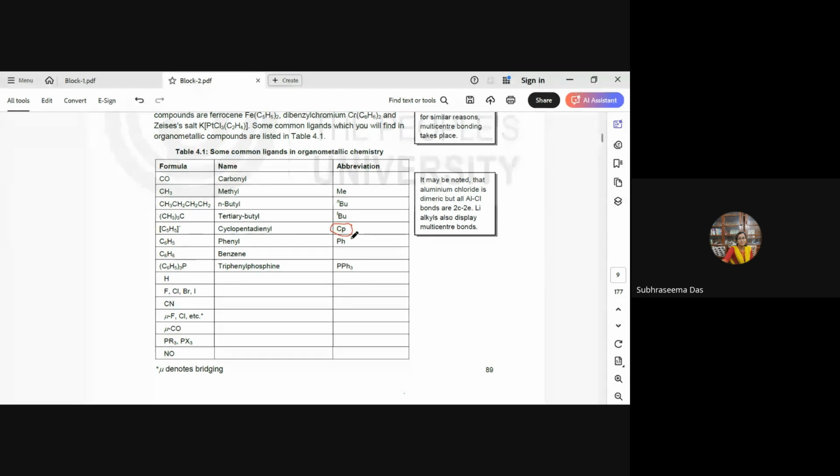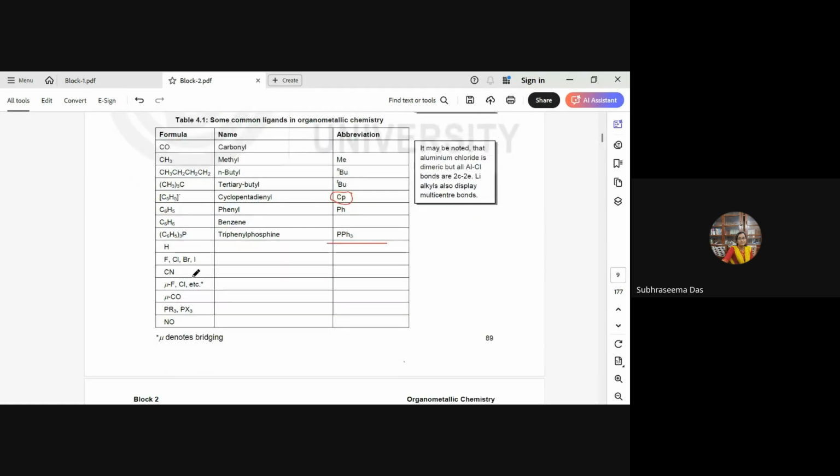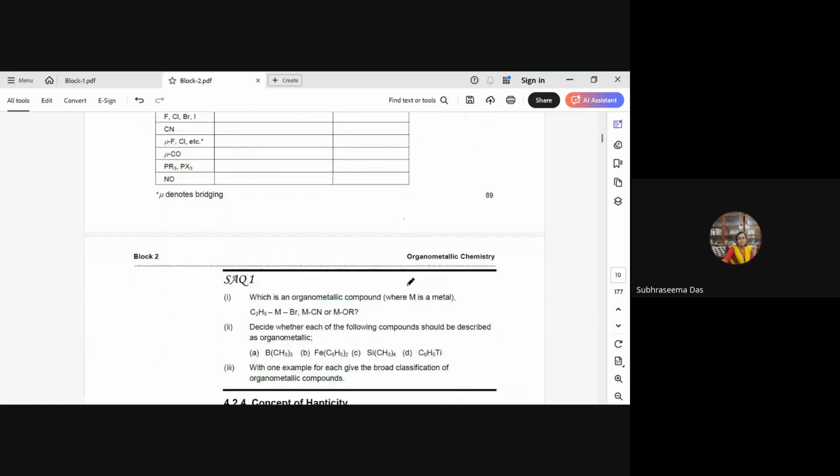C6H5 is phenyl, and it is written as Ph. C6H6 is benzene, and it is written as such, whereas P(C6H5)3 is triphenyl phosphine, and it is written as PPh3. Here CN is the cyanide, and mu represents the bridging, mu-CO and mu-F.